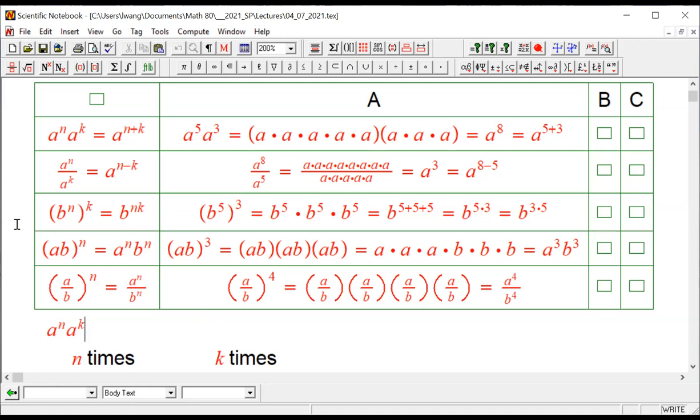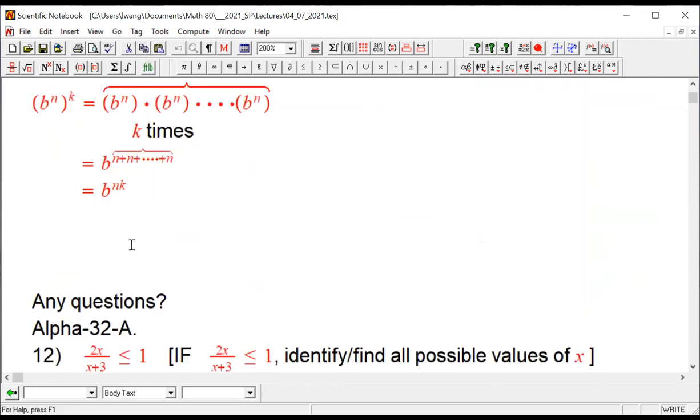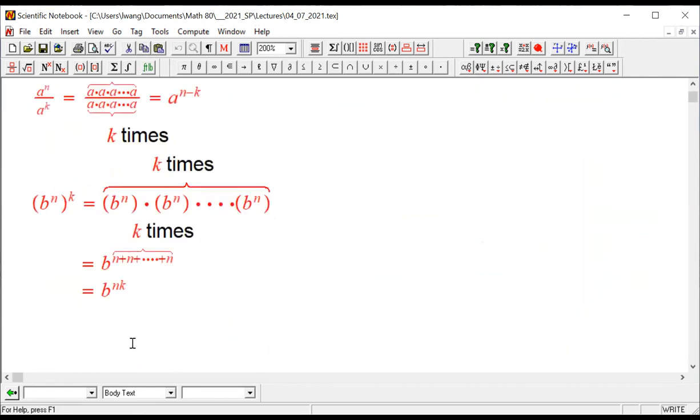Okay. And you can work on the proofs like what we did earlier, right? It's like this one, A times B to the power of n, that's going to be A times B, right?